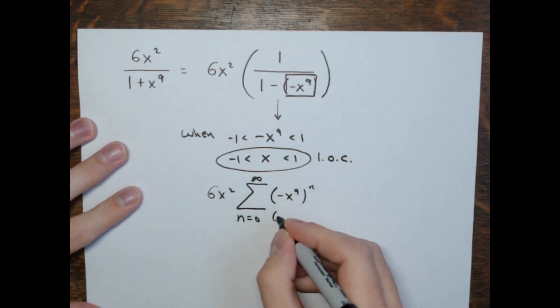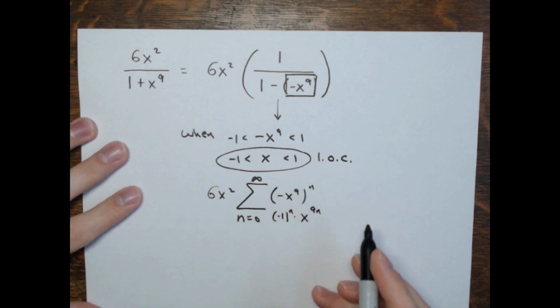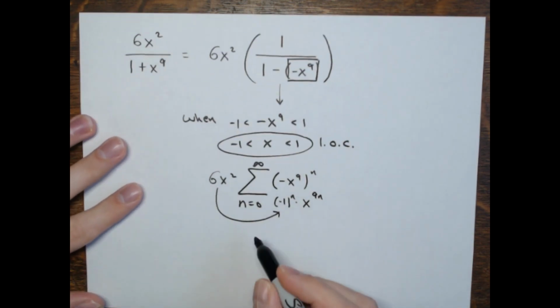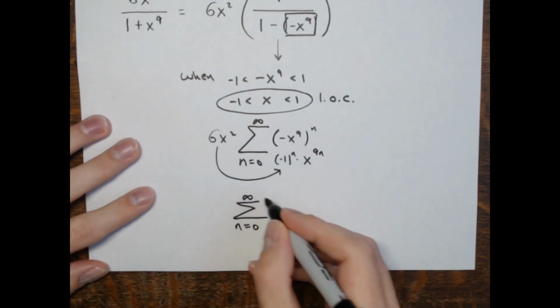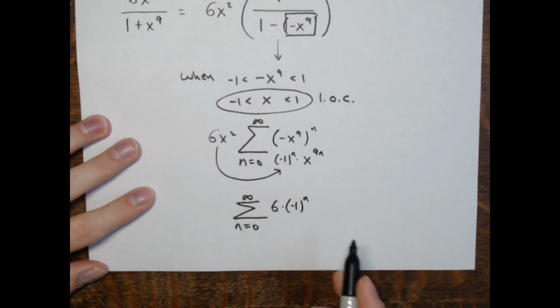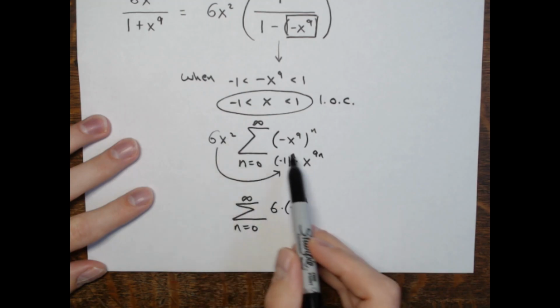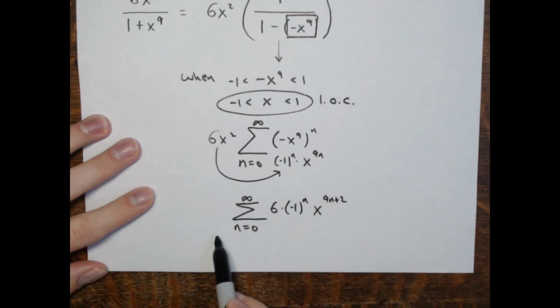Now I can rewrite this as negative 1 to the nth times x to the 9n, and then putting the 6x squared in, we get the following sum. So from n equals 0 to infinity of 6 times negative 1 to the nth, there's the coefficients. And then x squared times x to the 9n, that'd be x to the 9n plus 2, and you would add those powers.